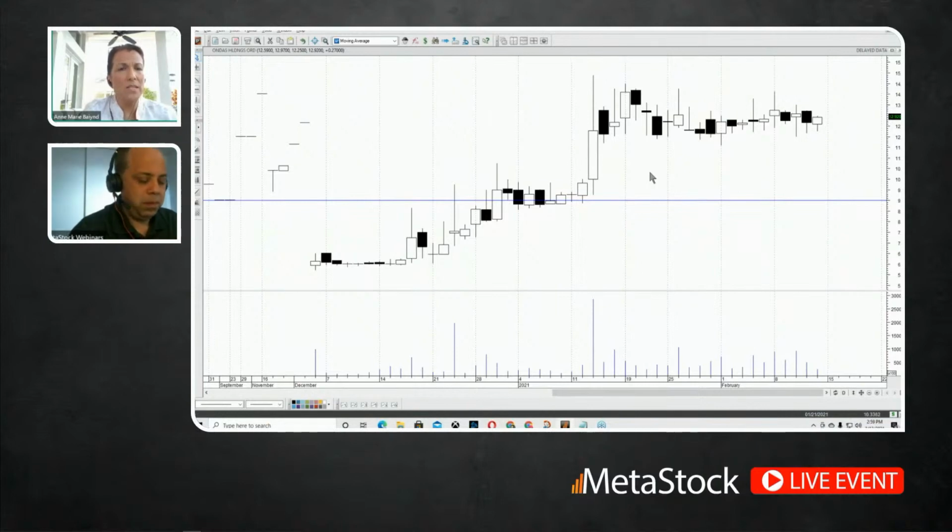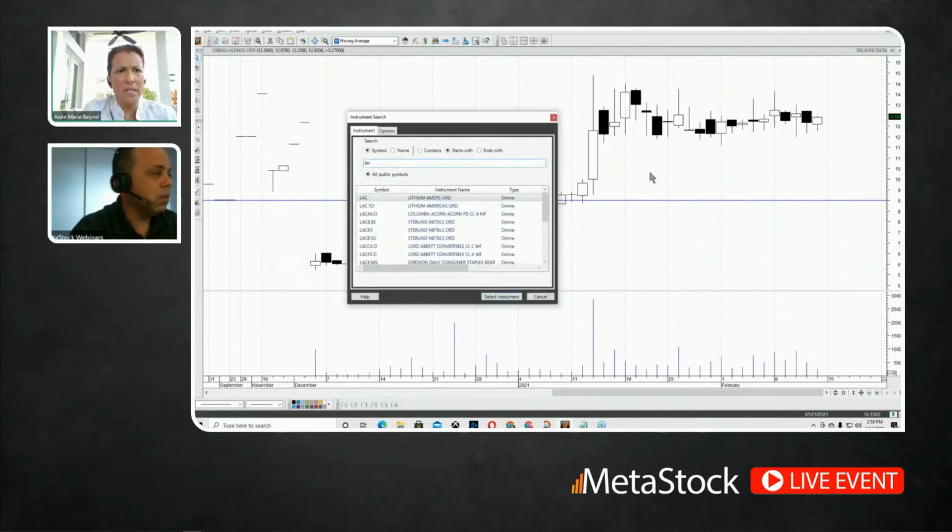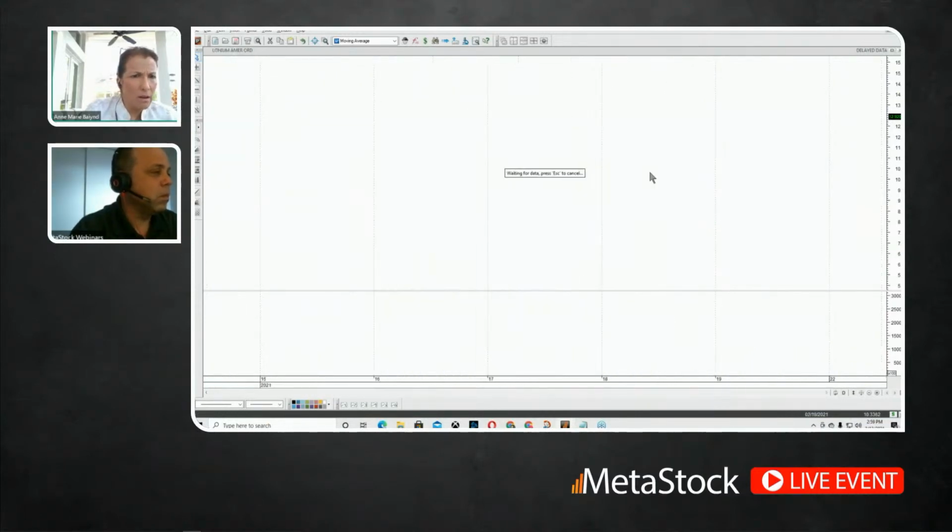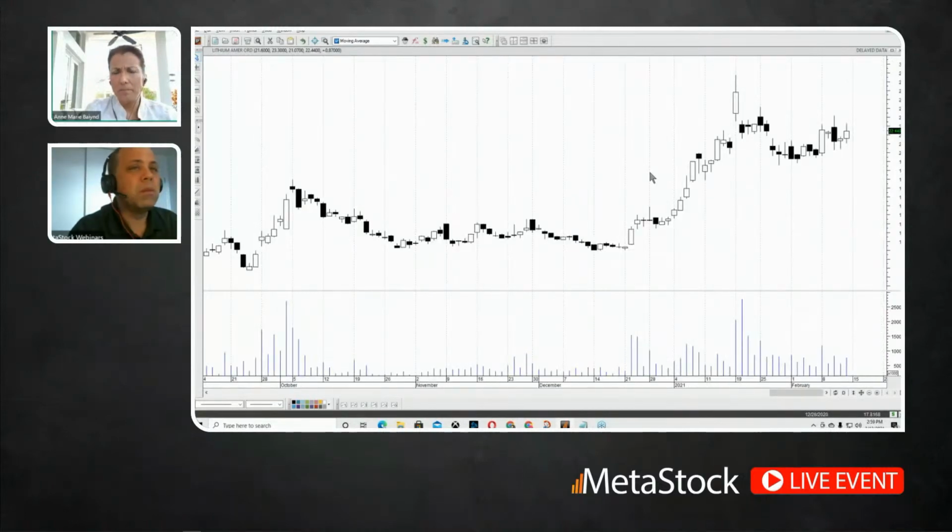This is the biggest, I think it's an ETF, LAC, Lithium Americas. It might be a company. But lithium has been running very hot, and now it's started to stabilize. And so what would be very nice is if we had a little bit of a jolt and it came in and hit 15, we'd be in great shape.